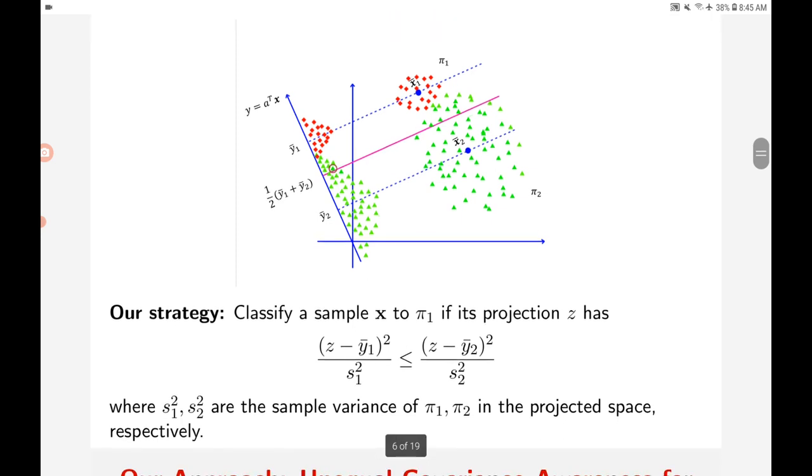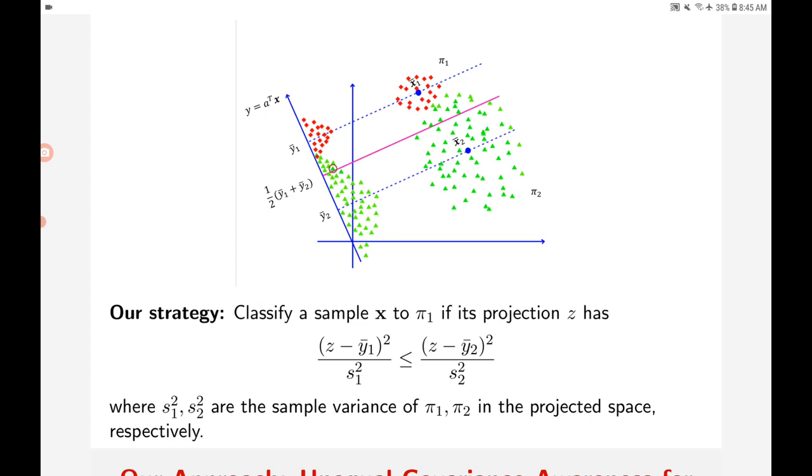However, you can notice that the variation within the first class is smaller than the variation within the second class. Also, if you shift the violet line a little bit upper, then that may result in a better classification rule.